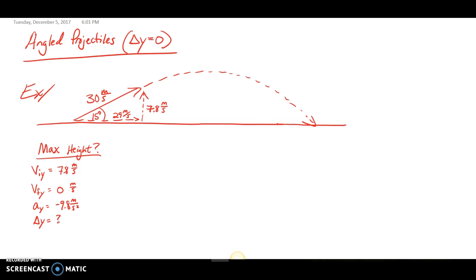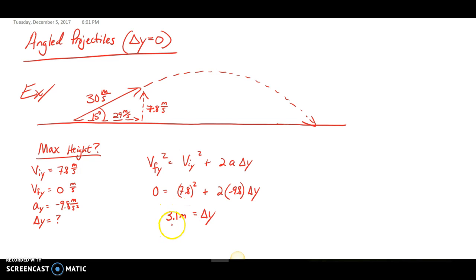If you look back at your kinematic equations, the one that's appropriate for this case: Vf in the y direction squared equals Vi in the y direction squared plus 2 times a times delta y. 0 equals 7.8 squared plus 2 times negative 9.8 times delta y. Solve for delta y, that's your maximum height, 3.1 meters above where it started.